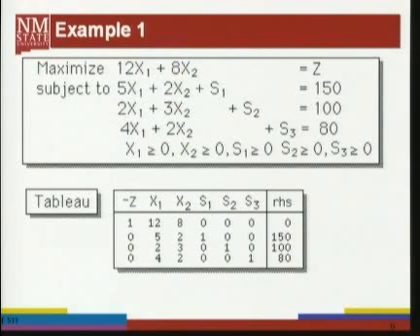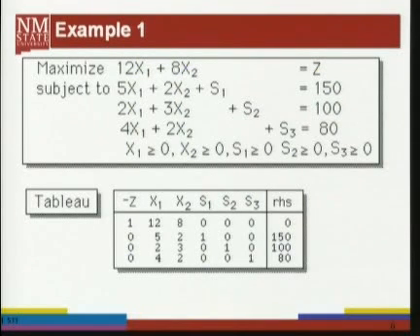You remember any column corresponding to a basic variable in a simplex tableau should have only one non-zero entry, which is 1, right? So according to the initial tableau, negative Z, S1, S2, and S3 are the basic variables in this case. And the basic solutions are obtained by setting the non-basic variables to 0 and solving for the basic variables, okay?